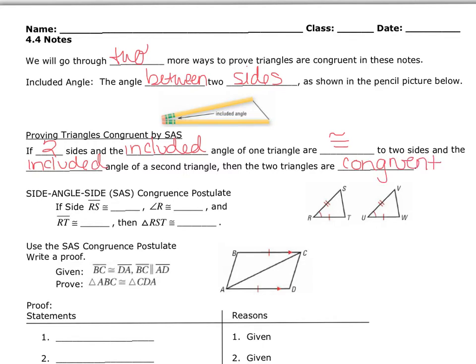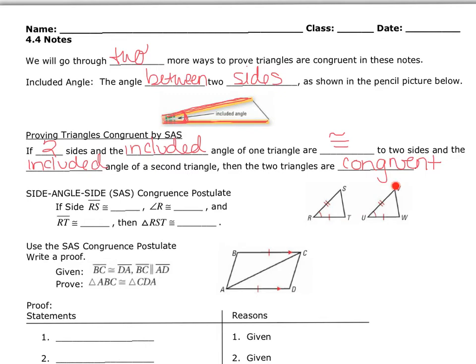So this is called side, angle, side, because you have a side, then included is an angle, and then you have another side.